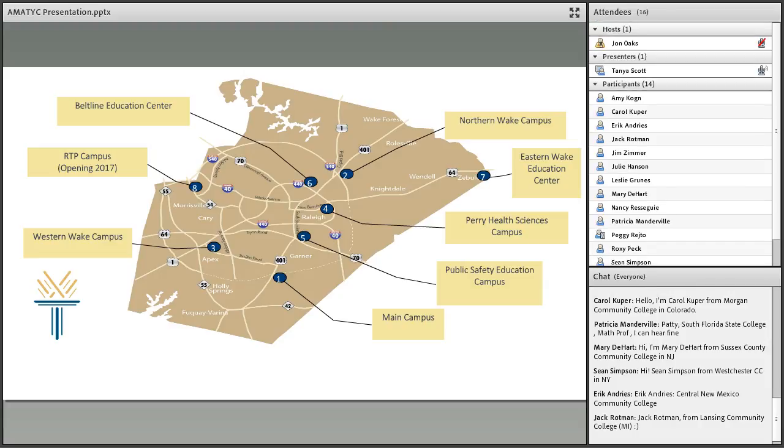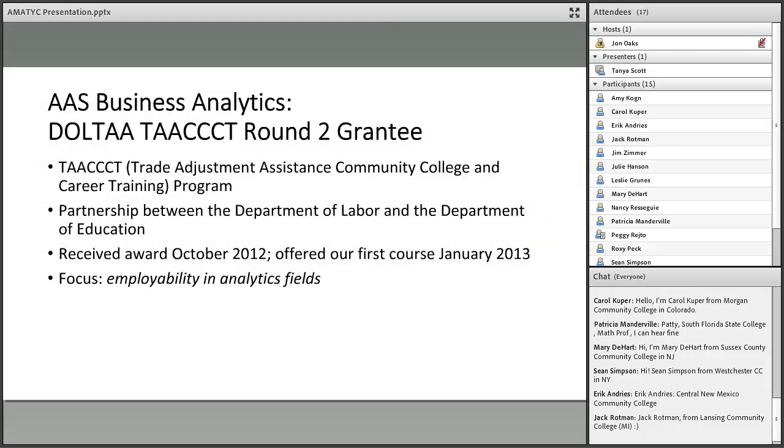So I think that really emphasizes the importance of the community college currently in today's educational arena. And certainly in offering an analytics curriculum, that just demonstrates the popularity and the validity of taking courses at the community college, quite honestly.